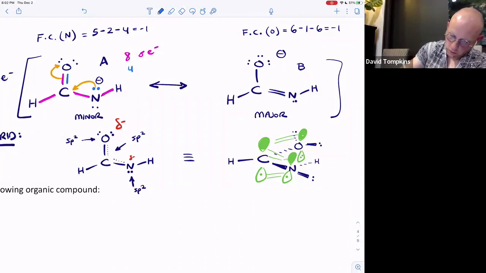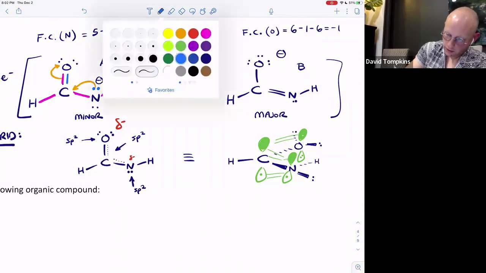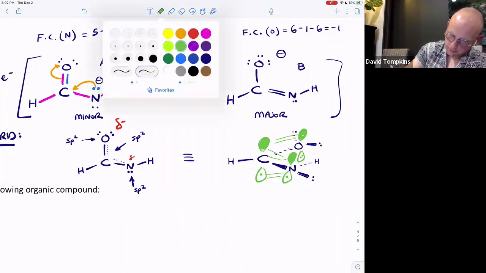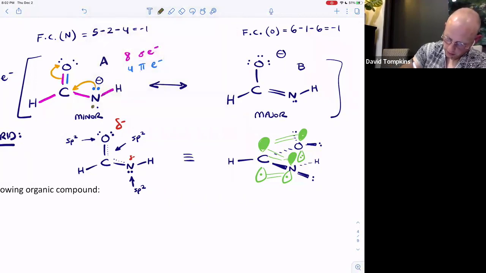There actually are 4 pi electrons. And then any lone pair that just doesn't move, meaning this lone pair and these two, those are not bonding at all. So there are 6 non-bonding electrons here in the real molecule. The non-bonding ones are not spread out over multiple nuclei. They are owned by a single nucleus.